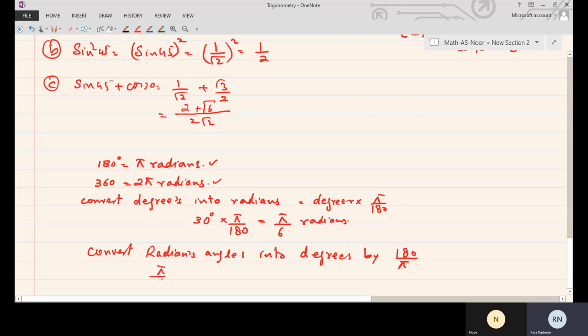If we have pi over 4, by looking at pi we say that it is an angle in radians, and if we multiply it with 180 over pi, so pi will cancel with this pi, and the answer after simplification would be in degrees, 45 degrees. Next question is in the form of radians.